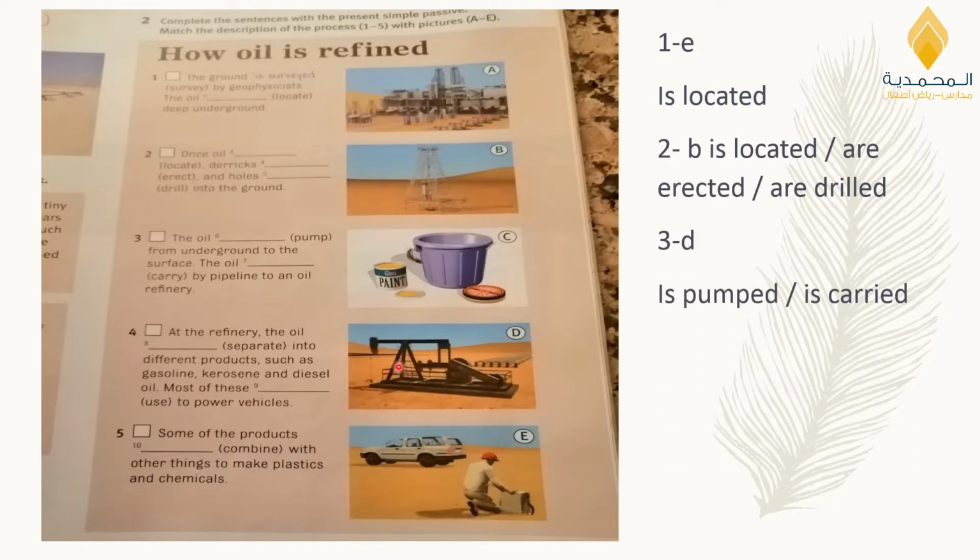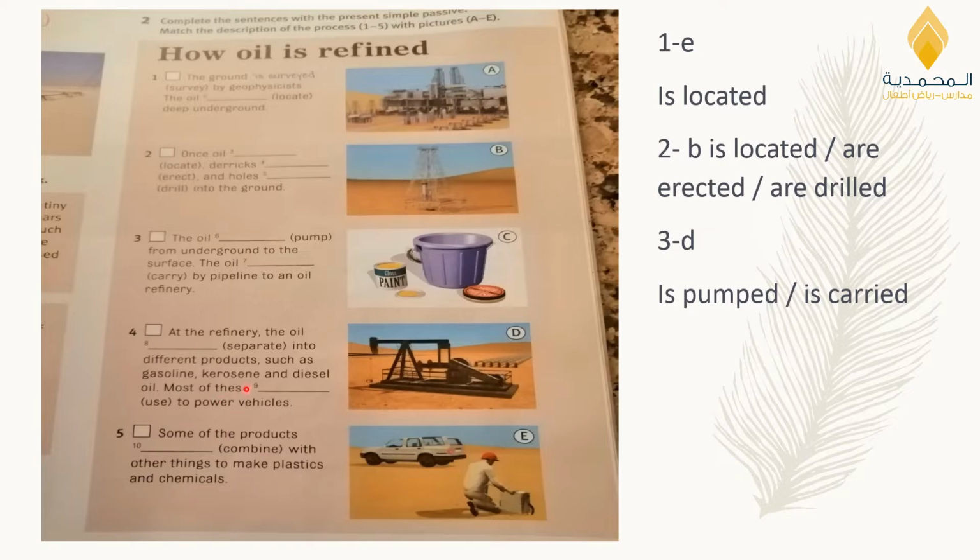Question number 4. At the refinery, the oil, again, oil, we agree that this is uncountable, so we say is separated into different products such as gasoline, kerosene, and diesel oil.